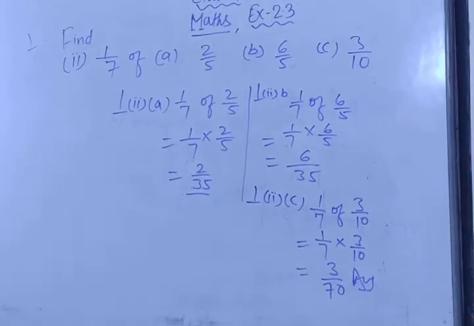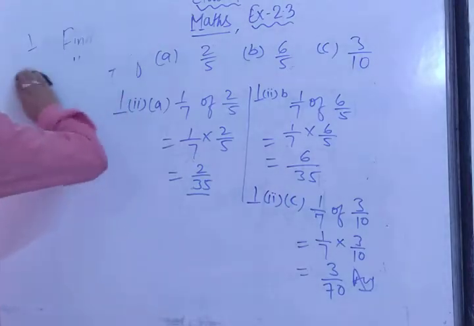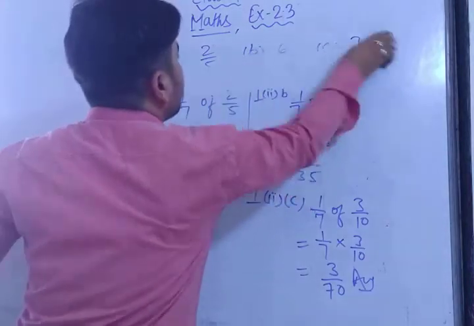Yes. Question number 2. What is question number 2? Question number 2 is multiply and reduce to the lowest term if possible. Means just like we have done in the previous video, we have to multiply and we have to reduce till its lowest term.